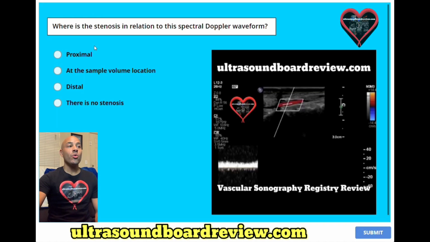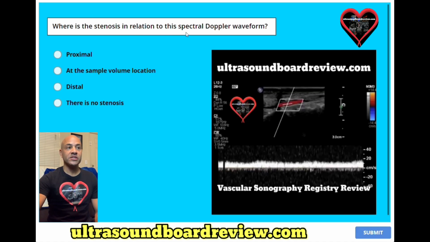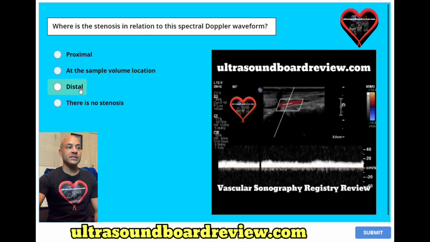Question 85. Where is the stenosis in relation to the spectral Doppler waveform? A, proximal. B, at the sample volume location. C, distal.